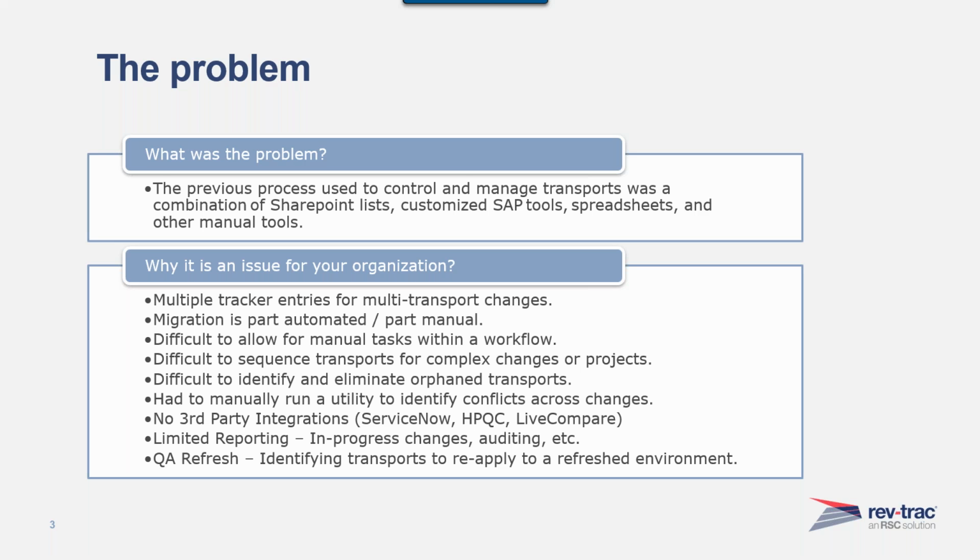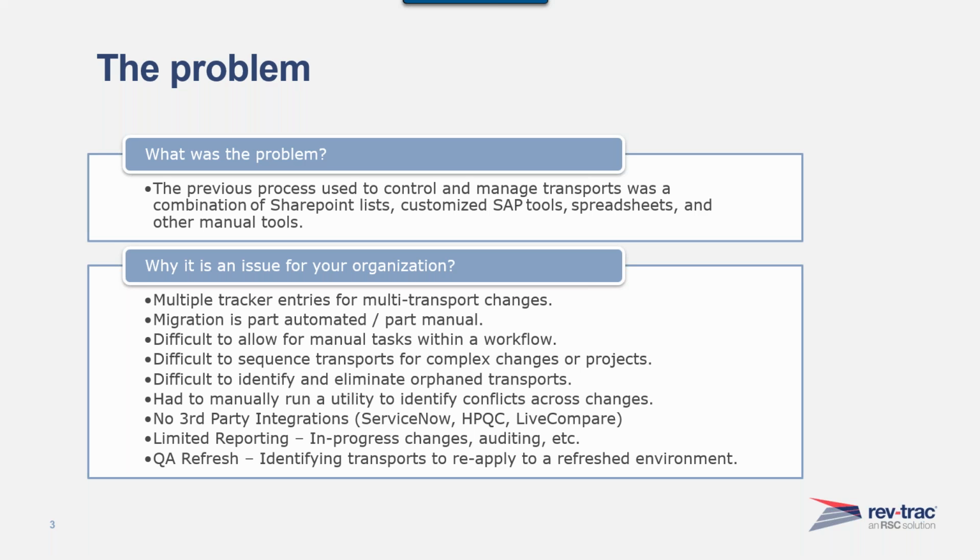Some of the pain points that we have listed here. We had what we call a tracker, which is our SharePoint list essentially, a basic SharePoint list with some very rudimentary workflow involved. So we needed multiple tracker entries for any chains that had more than one transport, and those were becoming more and more frequent for us.